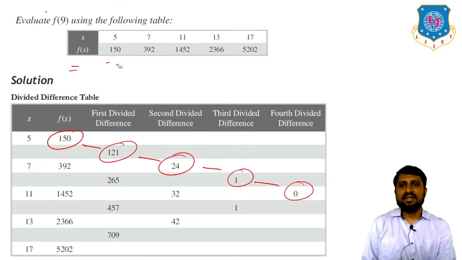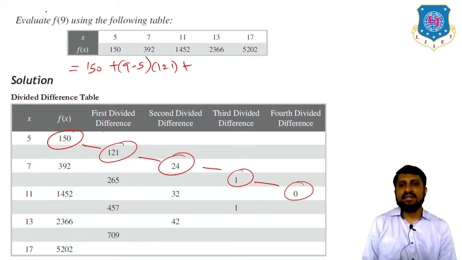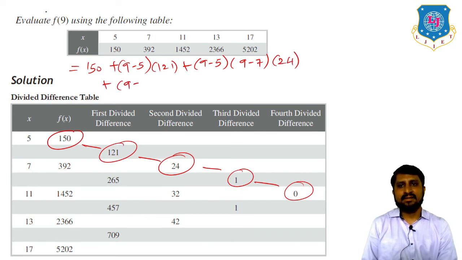Okay. The first entry is y0, so that is 150. Then 9 minus 5 into 121. Plus 9 minus 5, 9 minus 7 into 24. Plus 9 minus 5, 9 minus 7, 9 minus 11 into 1.